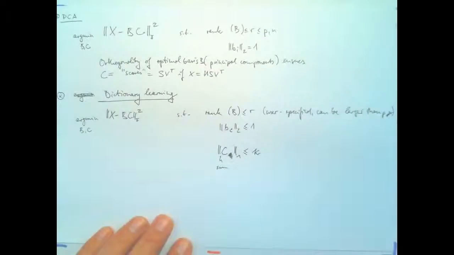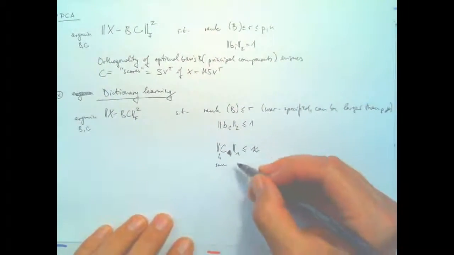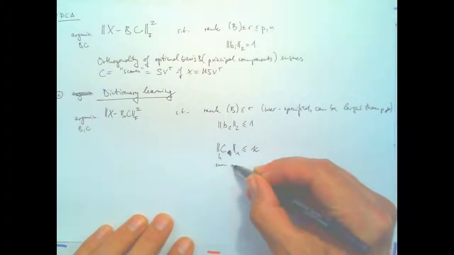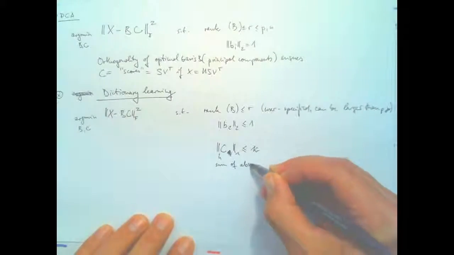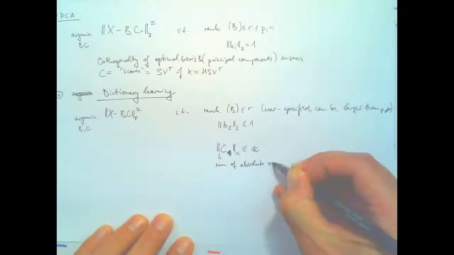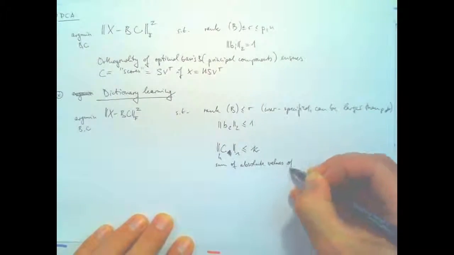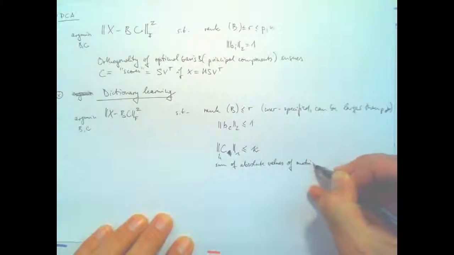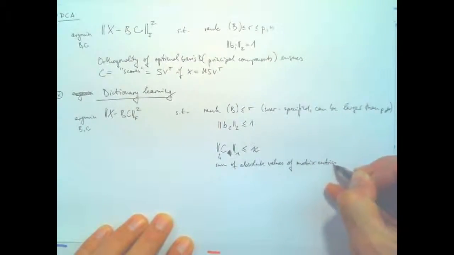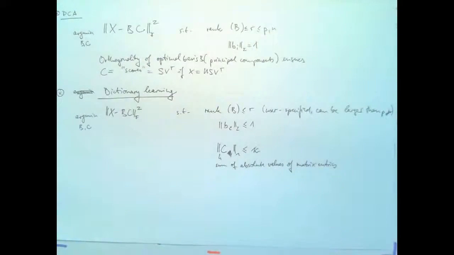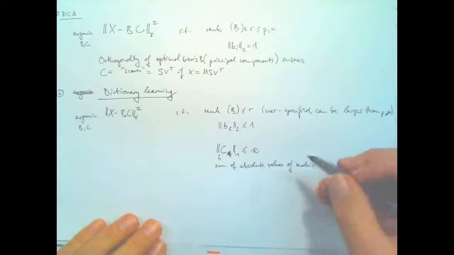So the L1 norm means that's the sum of the absolute values of the matrix entries. Now, I start out with something that's easier to understand, or maybe more intuitive.